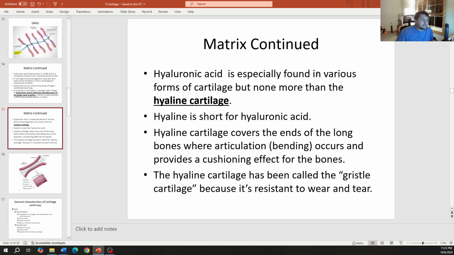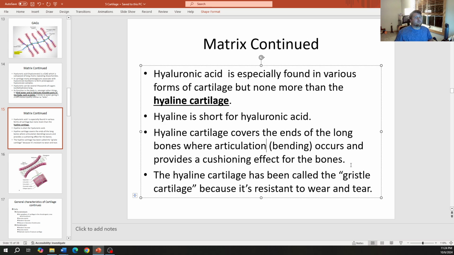Specifically, hyaluronic acid is mostly associated with hyaline cartilage. Make that connection. Hyaluronic acid, hyaline cartilage. Hyaline cartilage gets its name from hyaluronic acid. We'll talk more about this in a future slide, but the hyaline cartilage covers the ends of the long bones where articulations occur.